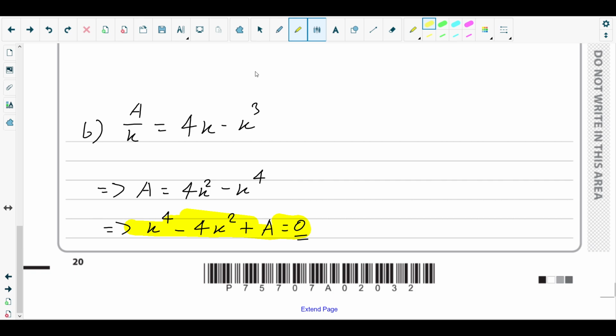Okay, so for 4 real roots, we can represent this equation in the form of a quadratic expression. Why am I considering a quadratic expression here?